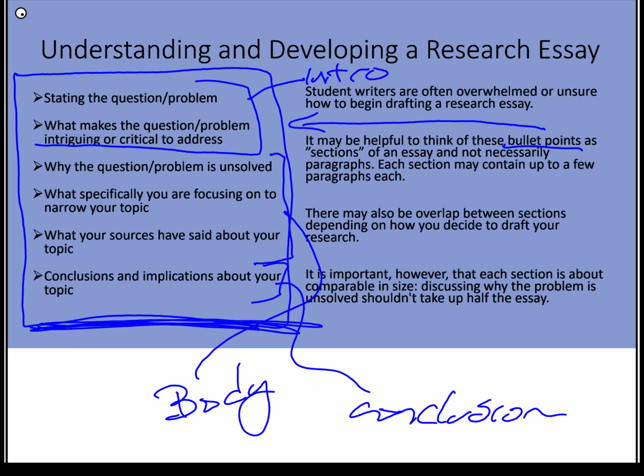This isn't a perfect structure, and I can't offer a structure to something that's not supposed to have one, but we know that every essay should have an introduction, a body, and a concluding paragraph. So those elements should all be there, and these bullet points would fit nicely into those three sections. Just a thought. If you're struggling with this paper, that could be a way to begin drafting.